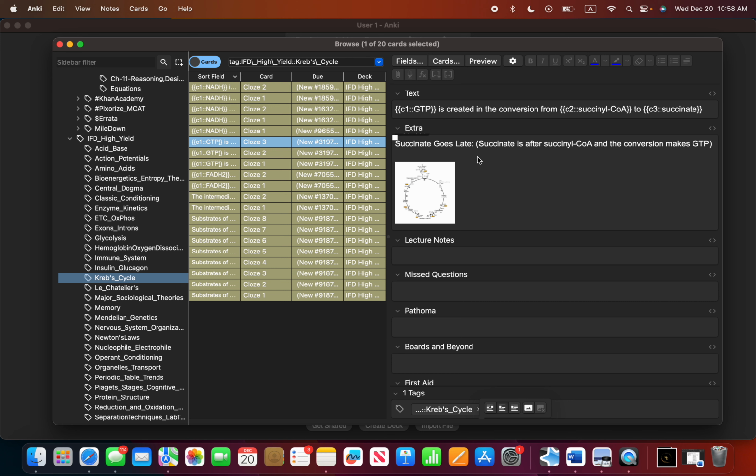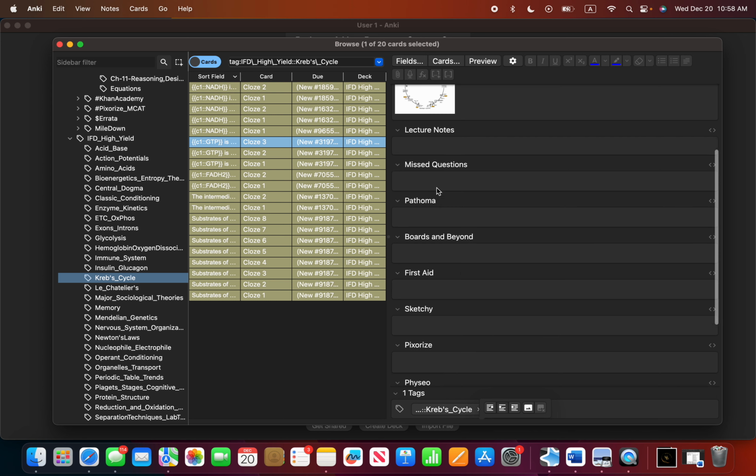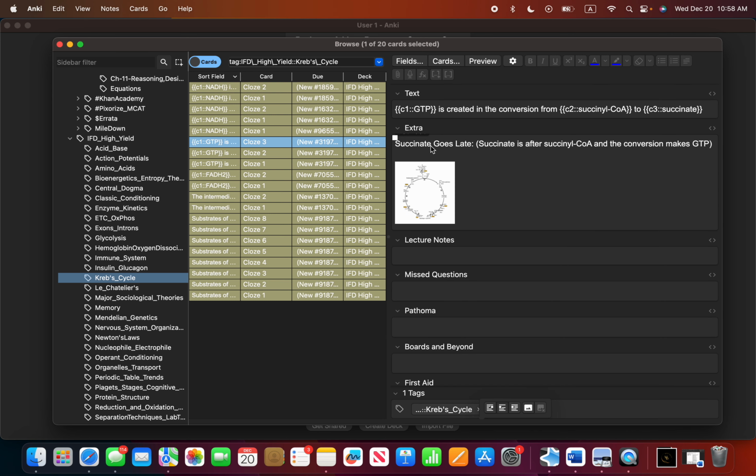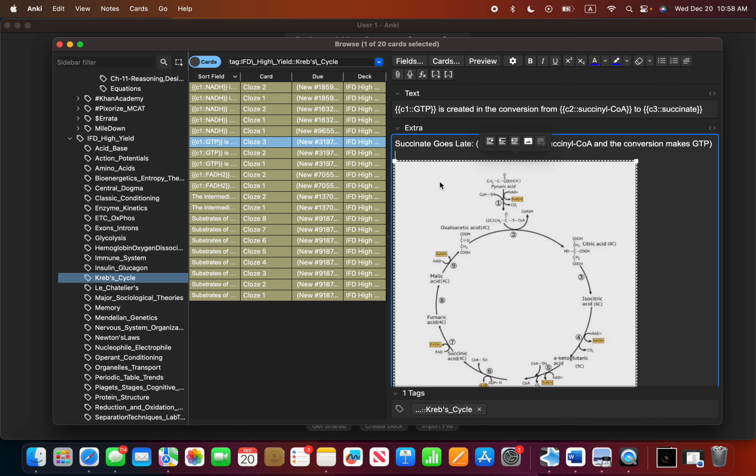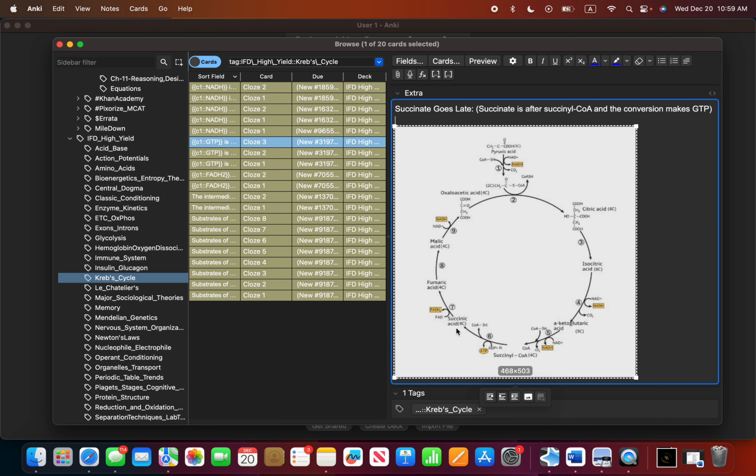Succinate goes late. Succinate is after succinyl-CoA, and the conversion makes GTP. That's a cool mnemonic to remember. Succinate is late. It goes after succinyl-CoA. We can also see it here, the succinic acid, succinate, is after succinyl-CoA.